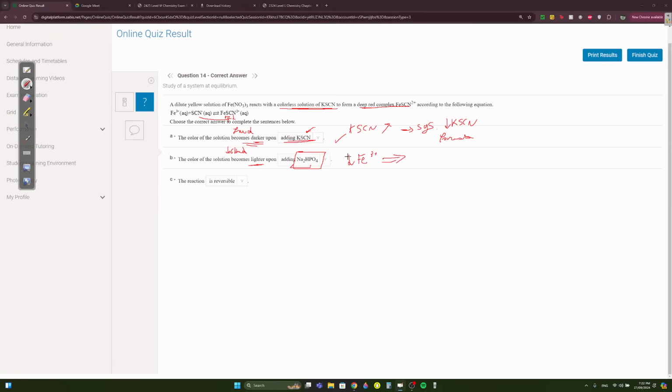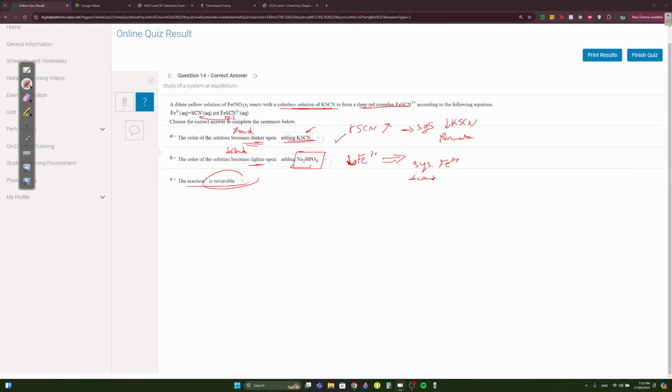If you're decreasing Fe 3 plus, then the system has to increase Fe 3 plus. And if we're going to increase Fe 3 plus, that means we're going to go backward. And what do we want? We want to go backward anyway. So going back is enough. If you go back, of course it's going to lose the red color or become lighter.